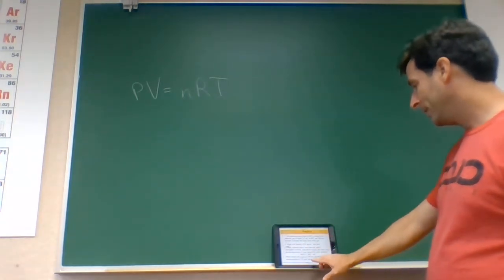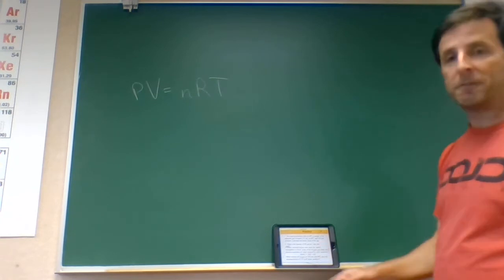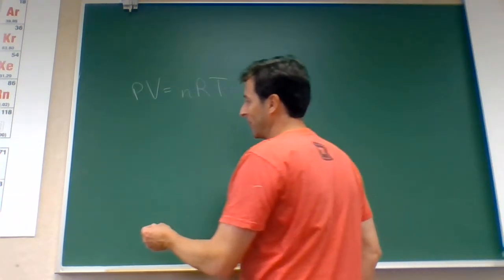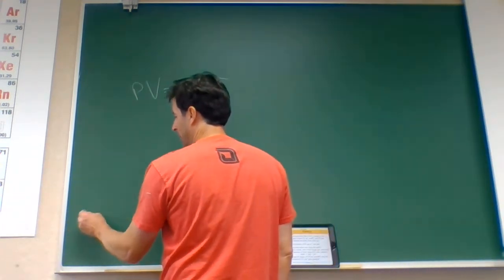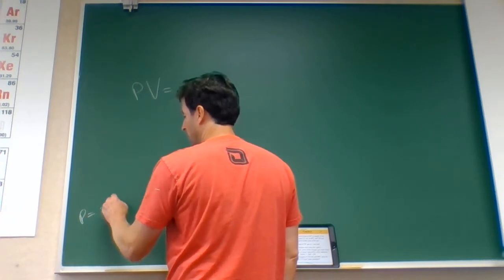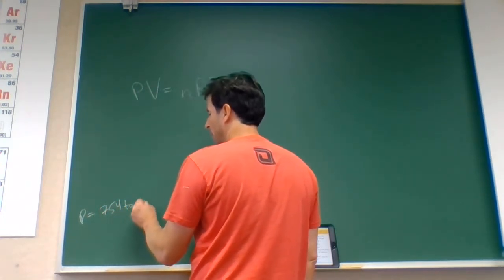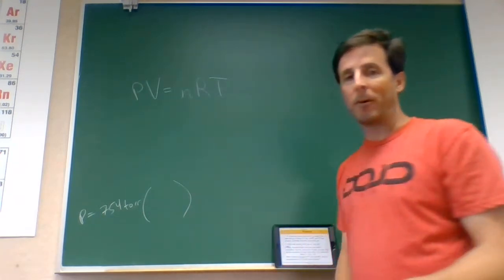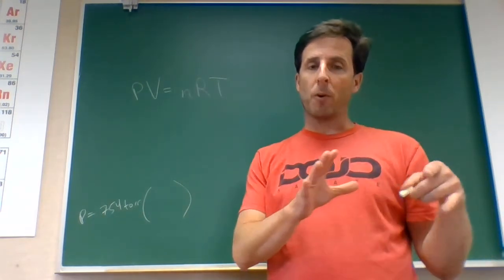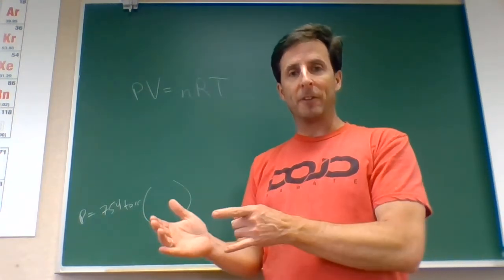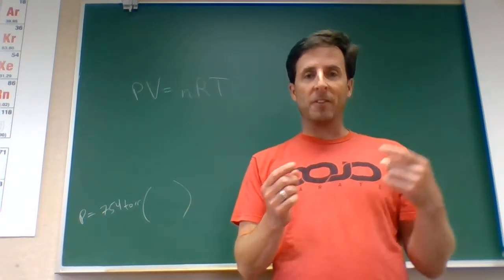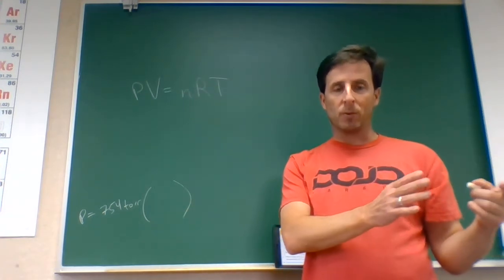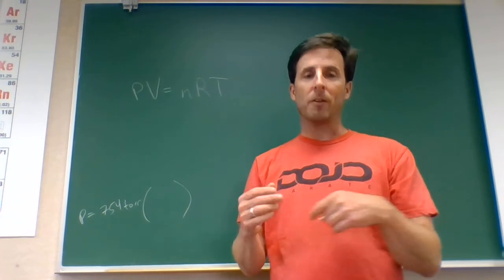The problem says the pressure was 754 torr, so I'm going to have to convert that real quick. You have to remember the conversion from torr or millimeters of mercury into atmospheres: 760 millimeters of mercury is what the pressure of 1 atmosphere will give on a barometer.